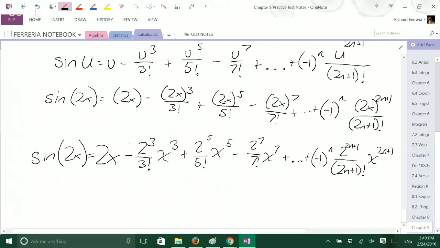Now we just have to multiply every term by x. So x sine 2x, that's just an increase of power for every term. So instead of 2x, we now have 2x squared. Instead of x cubed, we have x to the fourth.